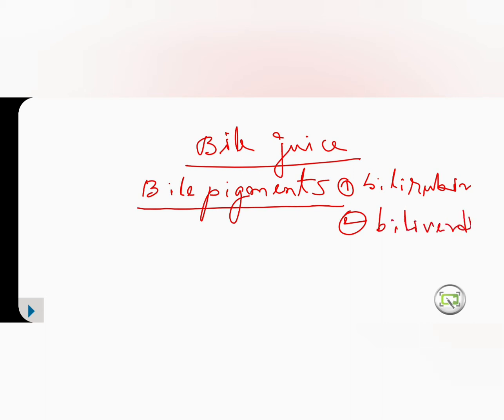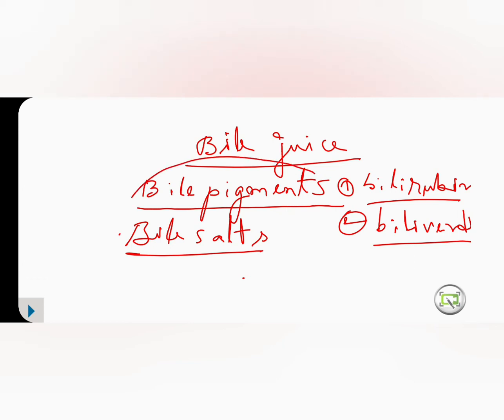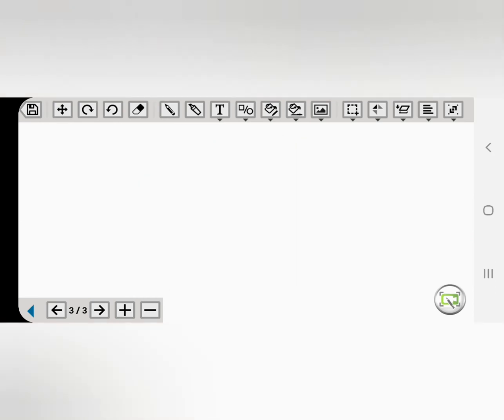In addition to these pigments, bile juice also contains bile salts. Especially sodium oxycholates and sodium deoxycholates are the bile salts which are present in bile juice. Due to the presence of these bile pigments and bile salts, it plays an important role in the process of emulsification of fats. What is emulsification of fats?